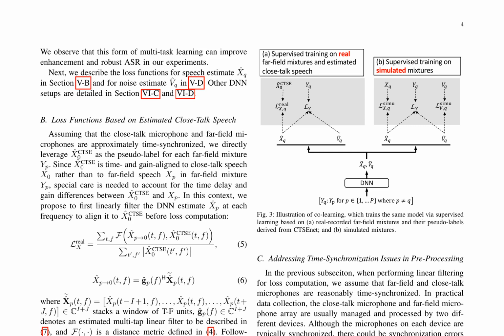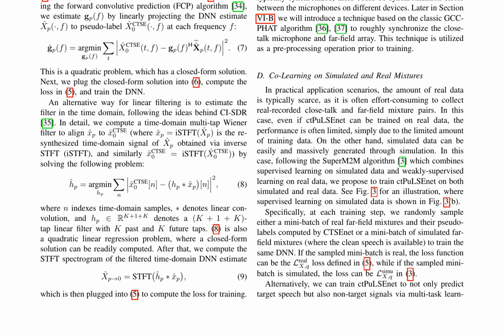This estimated speech serves as a pseudo-label for training a far-field speech enhancement model, ctPuLSE-net, on paired real recorded far-field mixtures. The physical model of the recorded closed-talk and far-field mixtures are formulated in the STFT domain, where the loss function for training ctPuLSE-net is defined as the sum of squared differences between the filtered DNN estimate and the pseudo-label over all time and frequency bins.